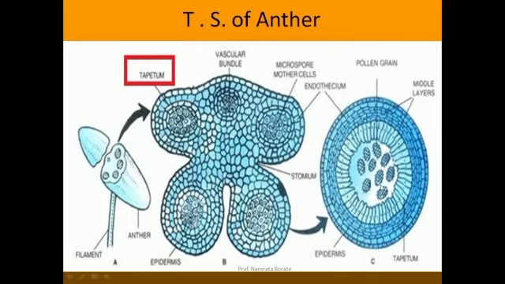The cells of the tapetum contain one or more diploid nuclei, or they may be polyploid nuclei. It is larger in size. You can see here this tapetum cell is larger as compared to the other three layers, and contains dense cytoplasm.